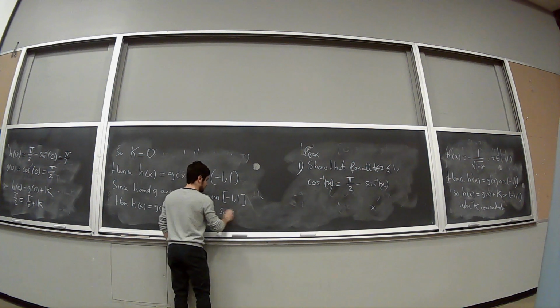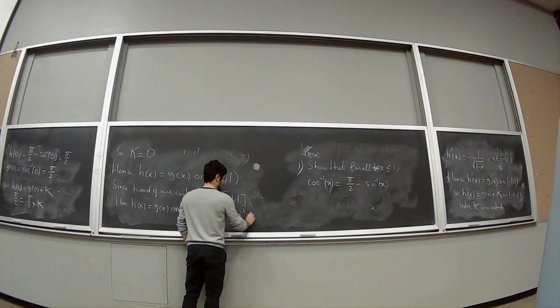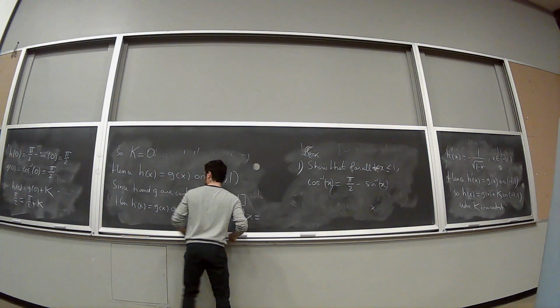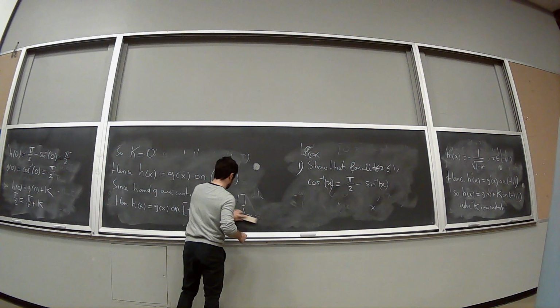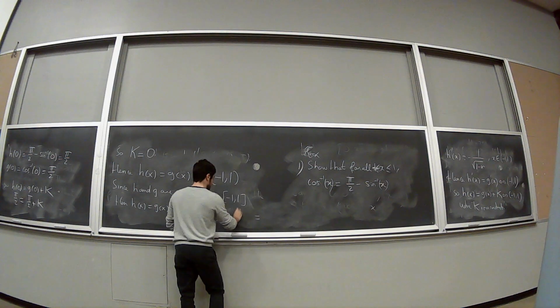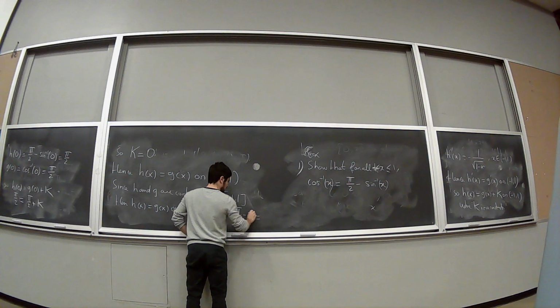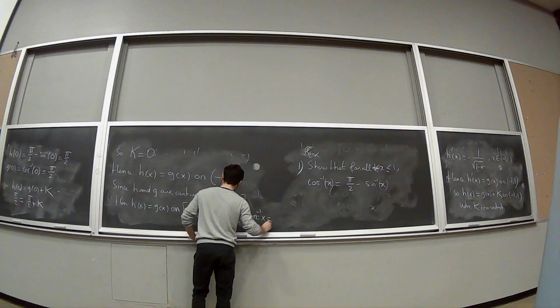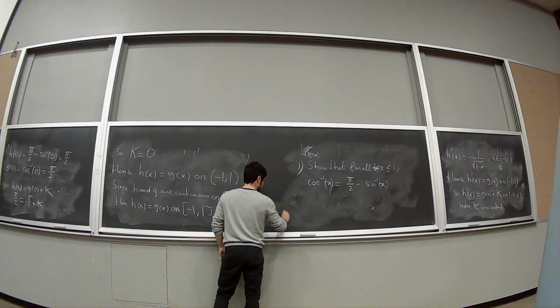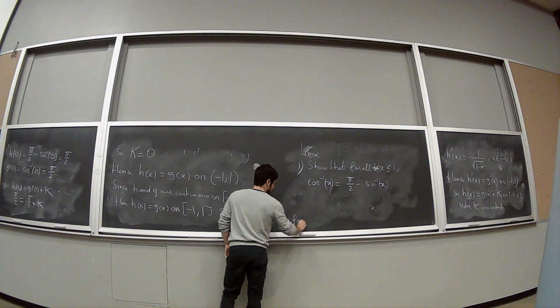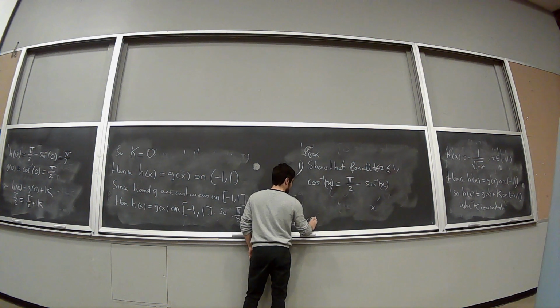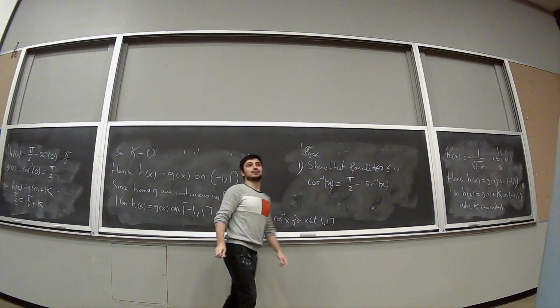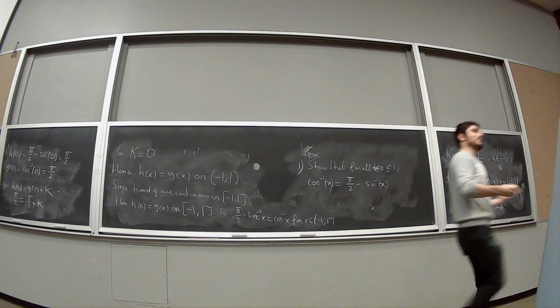So sine inverse of x. Well, what is h of x here? Pi over 2 minus sine inverse of x is equal to cos inverse of x for x in -1, 1. Very, very good. These are very good.